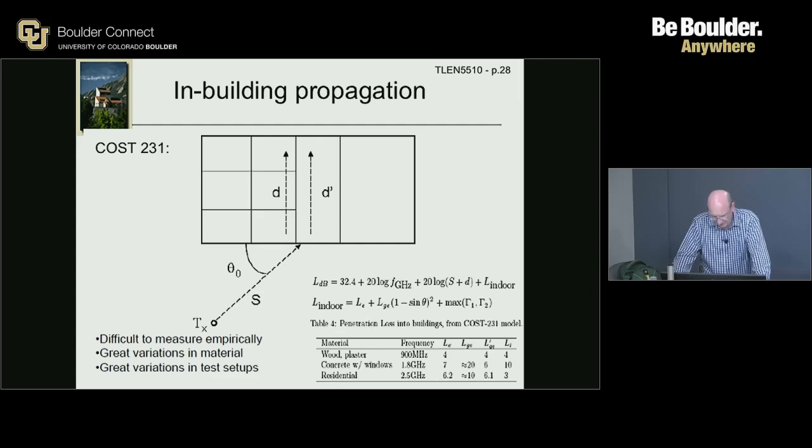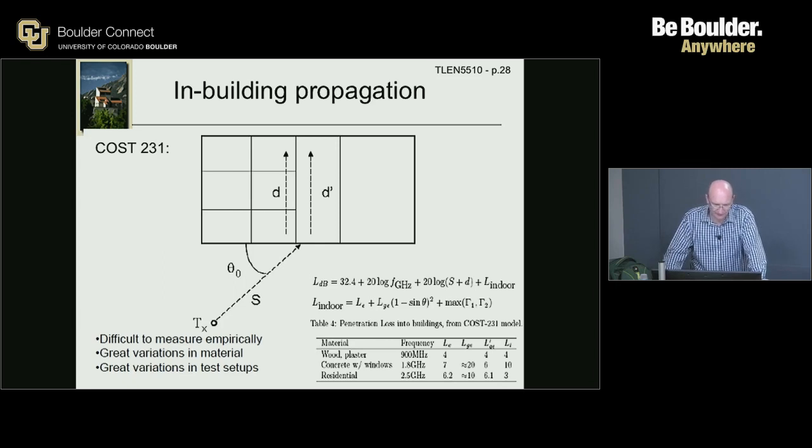And they come up with that model, which you may recognize the constant from, what is that, the free space model, plus 20 log of something weird there, S plus D plus, of course, the propagation indoor. And where did I put S plus D? Well, it's the outdoor portion of the path plus the indoor portion of the path.